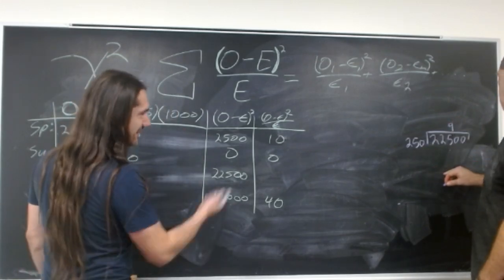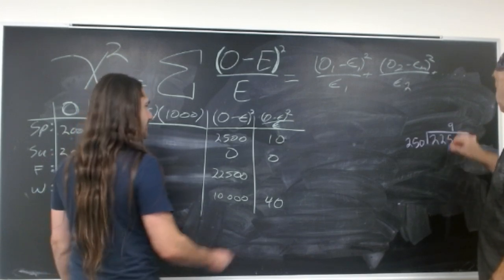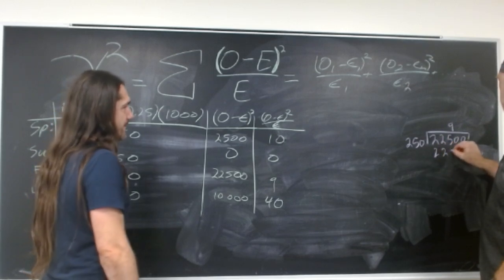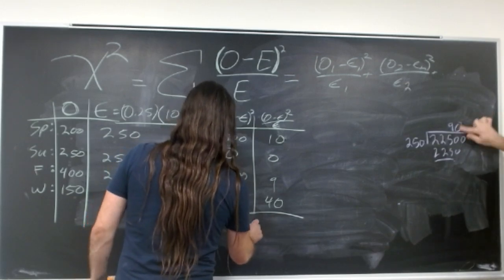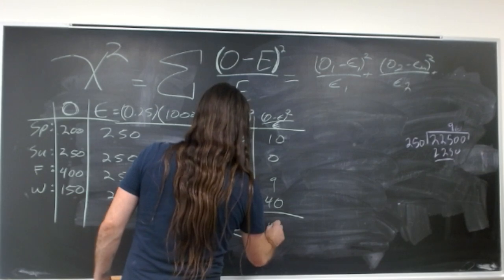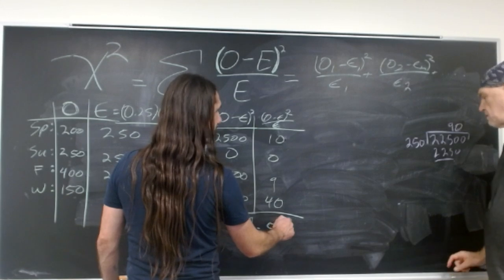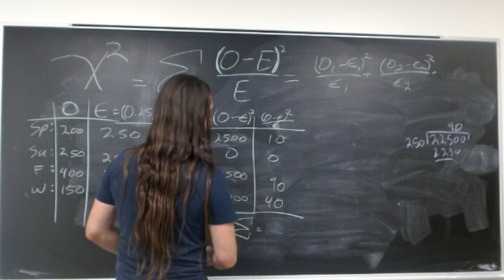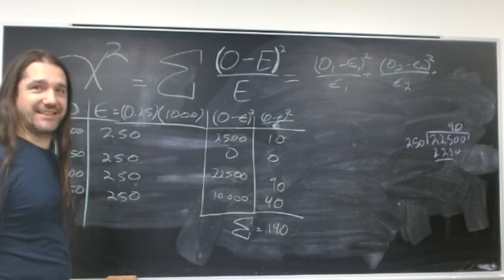So that's exactly 90, because this is going to be 1,800 plus 450. The sum is 140. So that's our test statistic.